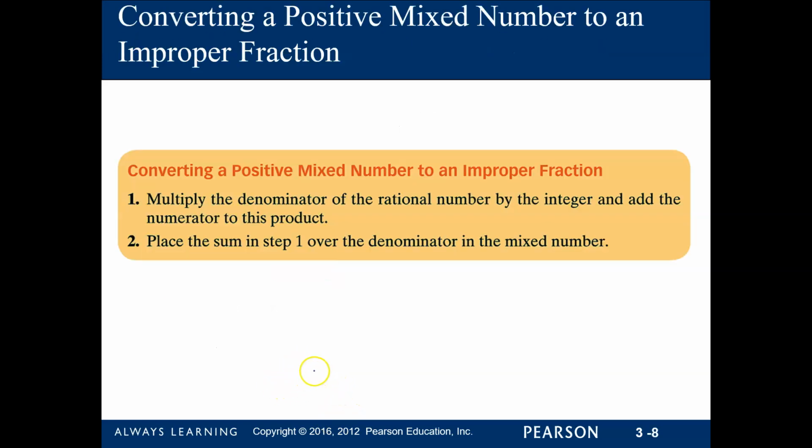When we have improper fractions and mixed numbers, typically you are required to change one into the form of the other. In the case of MATLAB, sometimes it will accept improper fractions as the final answer, and sometimes it will require you to change it to a mixed number.